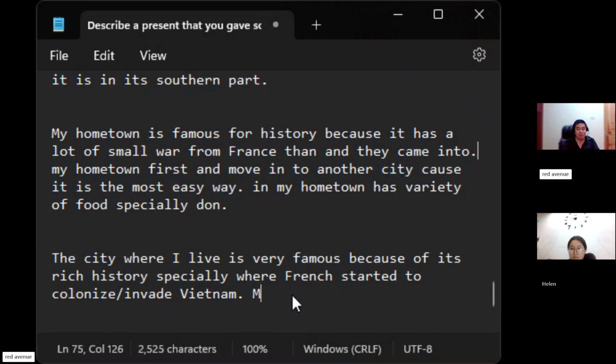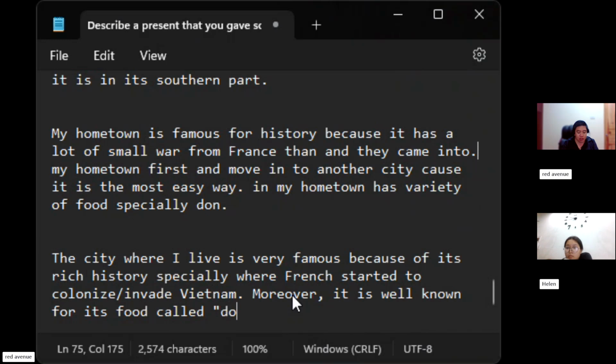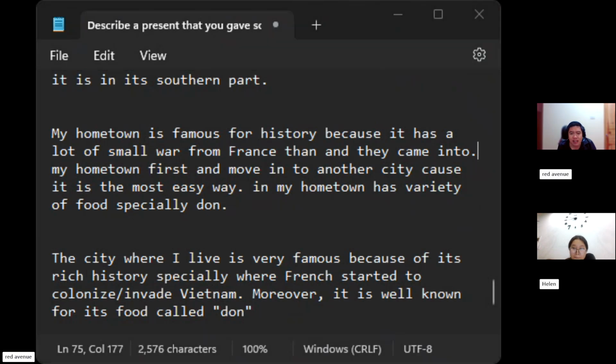Moreover, you can say it is well known for its food called zon. What is zon made of? How does it look like?